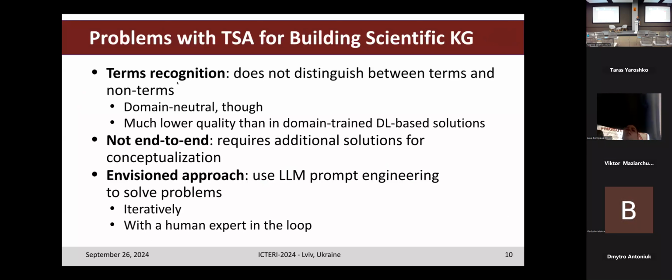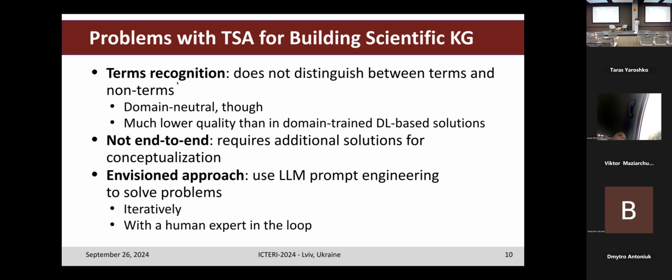However, there were quite a few problems with the baseline TSA approach in case we wanted to expand it to actually building the scientific knowledge graph. First of all, a big issue lay in the pipeline's inability to distinguish between terms and non-terms. This was a trade-off between domain neutrality and overall term recognition quality.